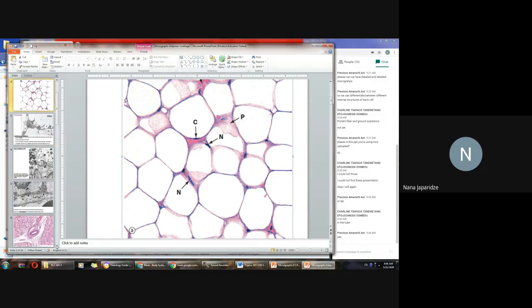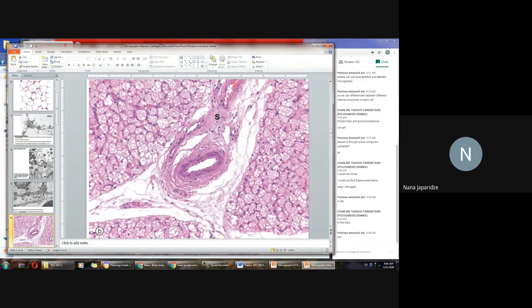But what about the brown one? Look, brown adipose tissue. This is brown adipose tissue, and each of these profiles is a profile of a brown adipocyte.